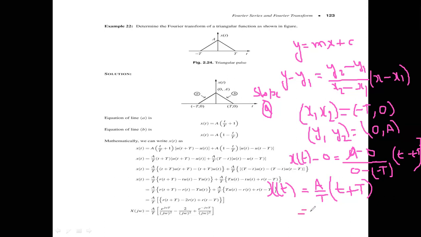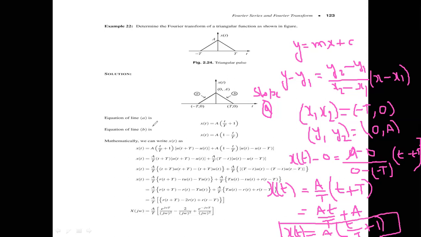Now multiply this function, a t by T plus a, and t gets cancelled, it is a only. And again taking the common, a times small t by capital T plus 1. X of t is equal to, okay, this is the slope.